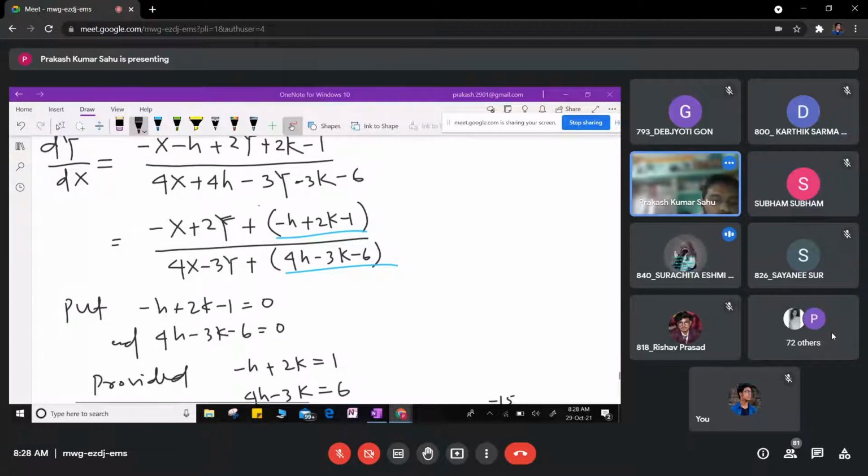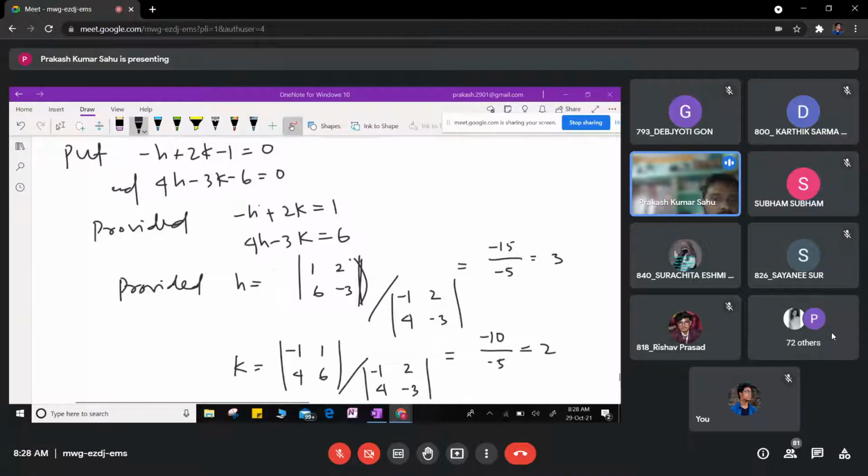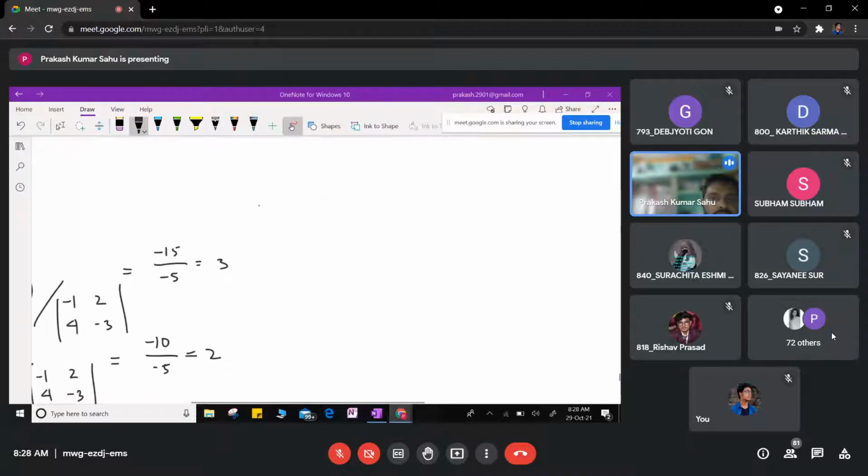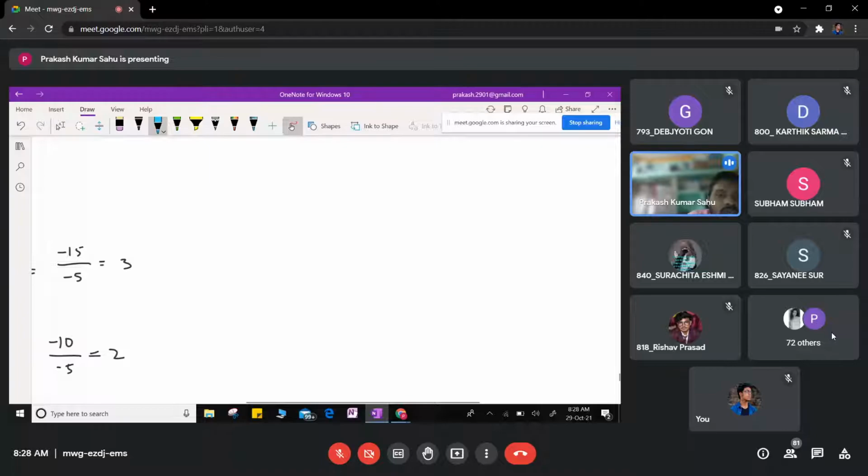Sir, could you please explain the determinant part? This is Cramer's rule. Cramer's rule is, suppose a1x plus b1y is equal to c1, and a2x plus b2y is equal to c2. Suppose two equations are there.